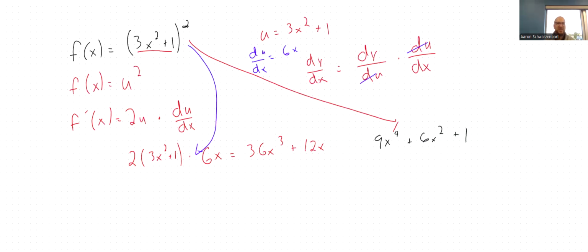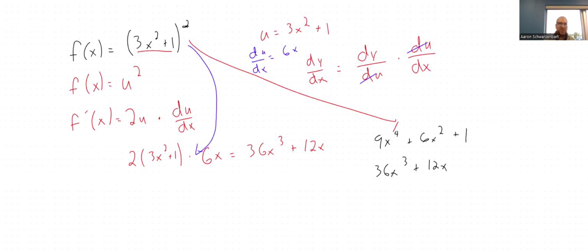So that's me foiling out this binomial. Taking its derivative, I get 36x cubed plus 12x. I get the same thing either way. That kind of makes sense.